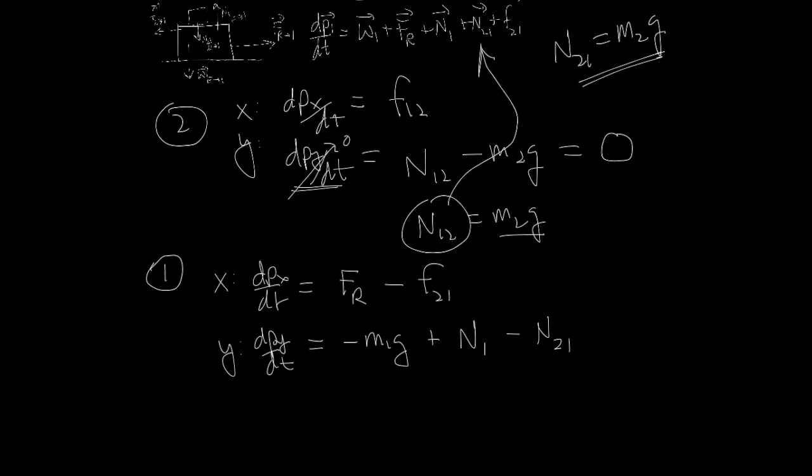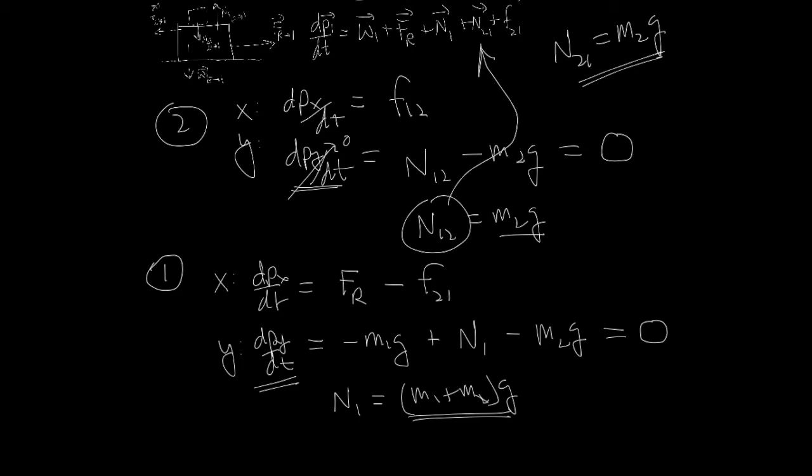So in fact, I can erase that and put in minus m2g. Now, what's happening in the y direction? Nothing. The rate of change of the y component momentum is 0, so that means this must be 0. And that tells us that N1 must be equal to m1 plus m2 times g. Nice. The total weight of both blocks is equal to the normal force pushing up.